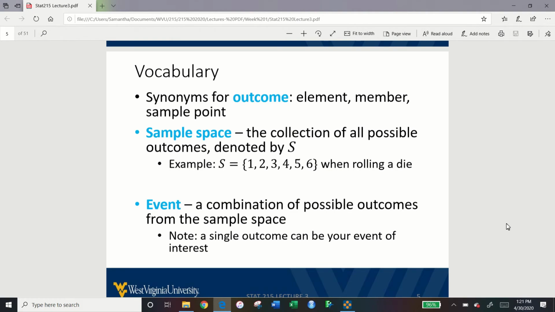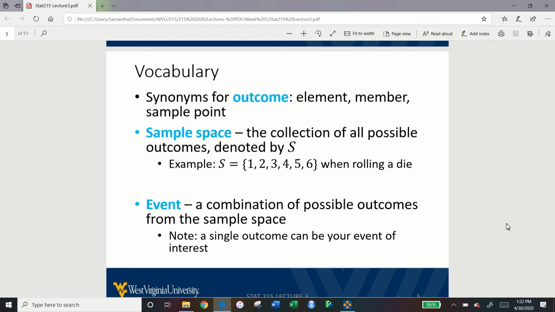A sample space is the collection of all possible outcomes, and it is denoted by the capital letter S. So for example, S equals {1, 2, 3, 4, 5, 6} when we're rolling a die. An event is a combination of possible outcomes from our sample space.